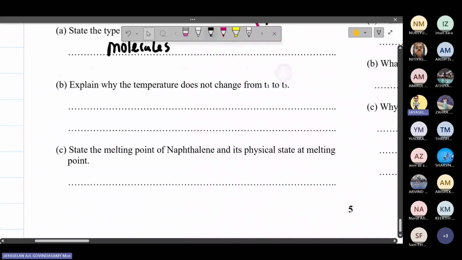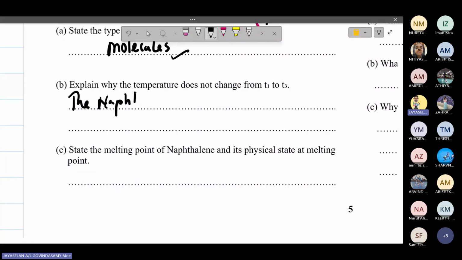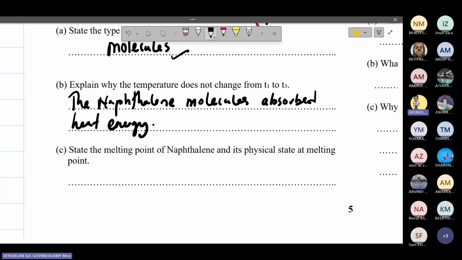So your answer should be: the particles. What particle? The naphthalene. Sebab you dah tulis molecules ni kan? So the naphthalene molecules will do what? It will absorb heat energy. Tenaga haba. You already score 1 mark.